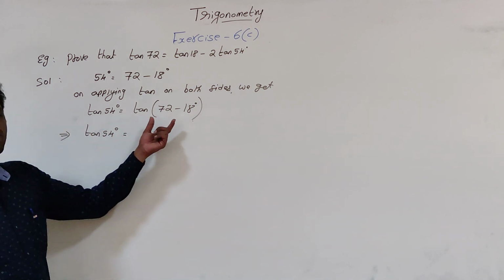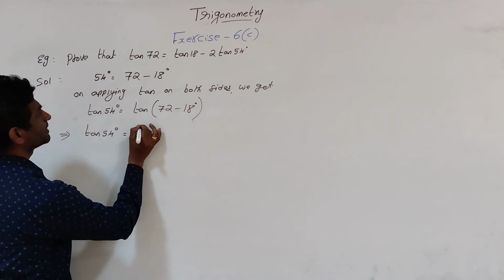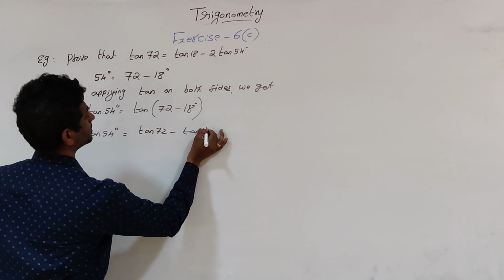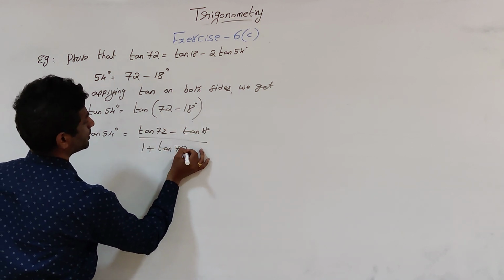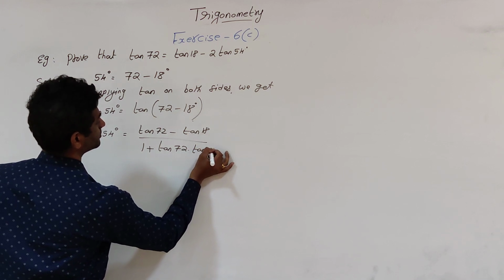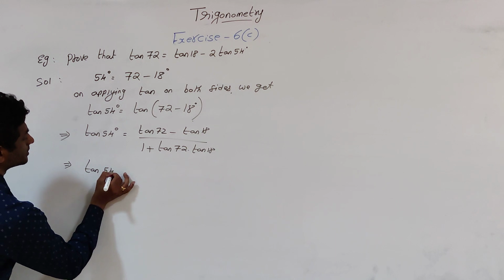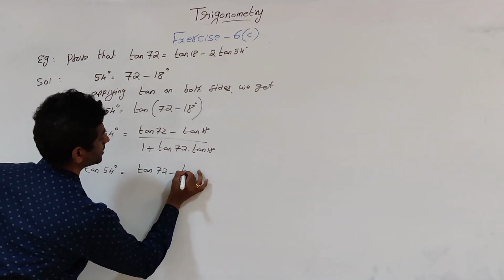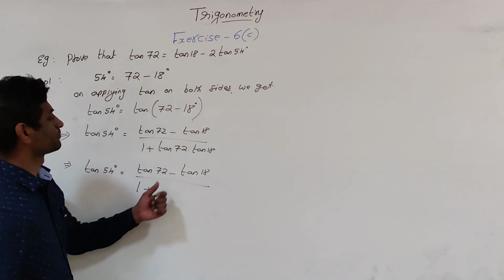It is in what form? Tan of A minus B. So what is tan of A minus B? Tan 72 minus tan 18 by 1 plus tan 72 into tan 18. So tan 54 degrees is equal to tan 72 minus tan 18 by 1 plus tan 72 into tan 18.